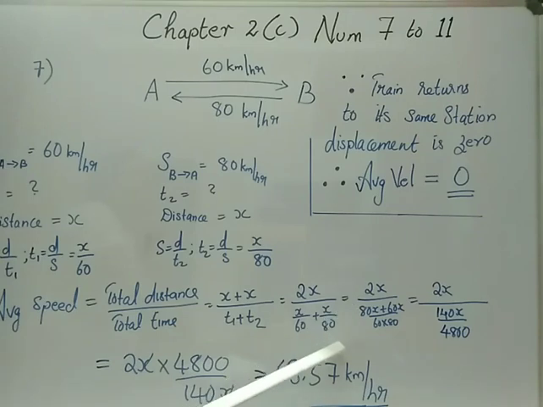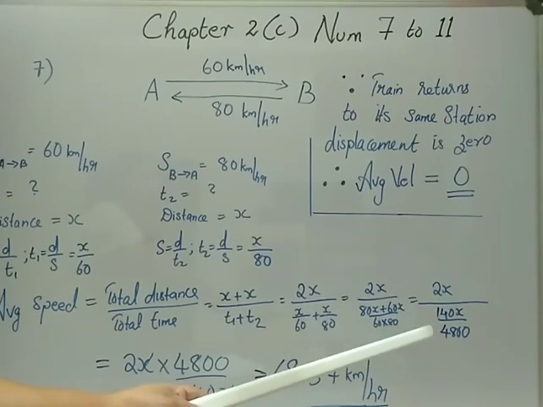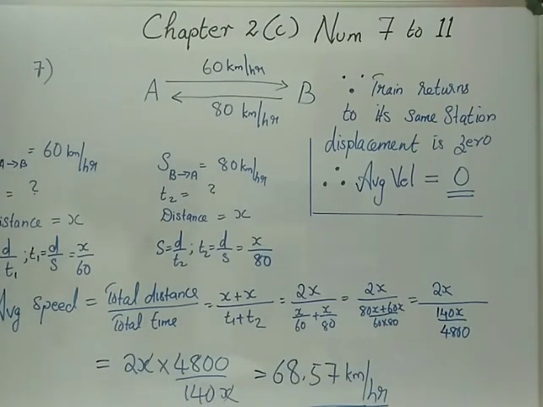Just cross multiply: 80X plus 60X by 60 into 80. So you will get 2X divided by 140X by 4800. That is 80 plus 60, 140, and 80 into 60, 4800.